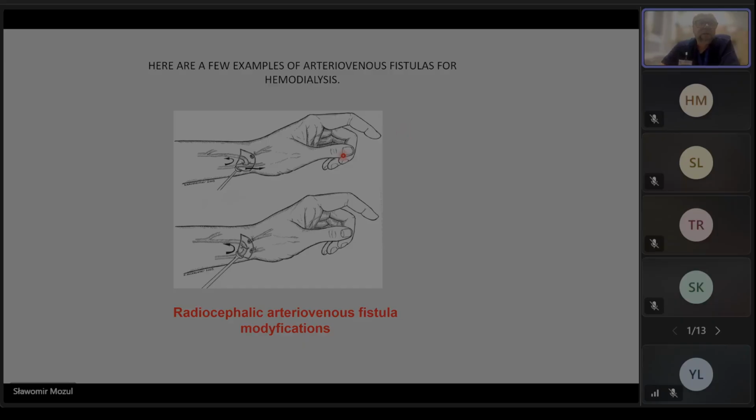In the lower diagram, the end of the vein is connected to the end of the artery. This is possible because the hand is also supplied by the ulnar artery.